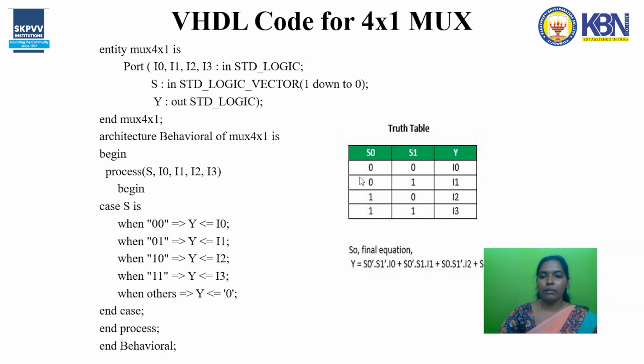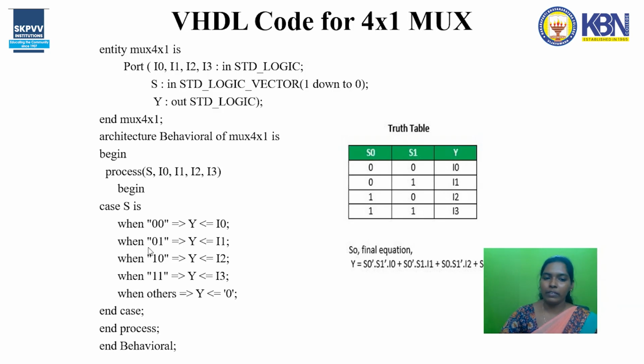So from here we can say if the input is 0 0, we get the output as I0. With the help of this truth table we define that when S is 0 0, Y will be I0. Similarly, when S is 0 1, from the truth table, the output is I1.